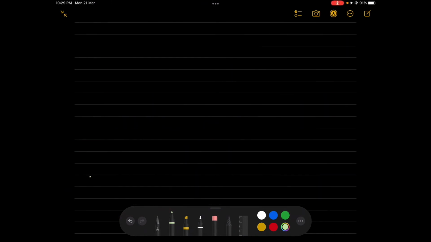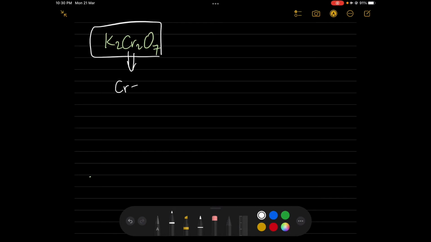Now, guys, let's go back again. If we have K2Cr2O7, as we told you before, it works as an oxidizing agent because it oxidizes other atoms. If I ask you to calculate the oxidation number of a chromium atom, you will find it is plus 6. How do we find it by calculation?